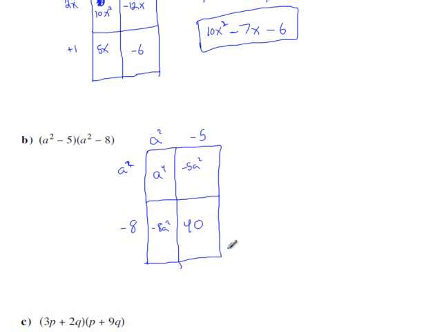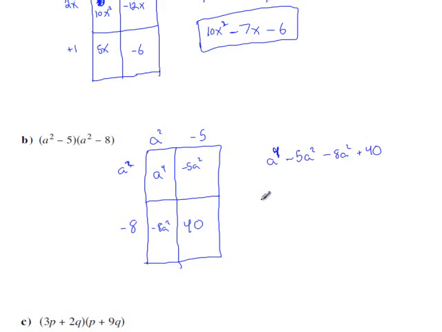Now to find the area of the whole rectangle, you're adding up each of the 4 little rectangles. So I get a to the 4th, plus negative 5a squared, so minus 5a squared, minus 8a squared, plus 40.